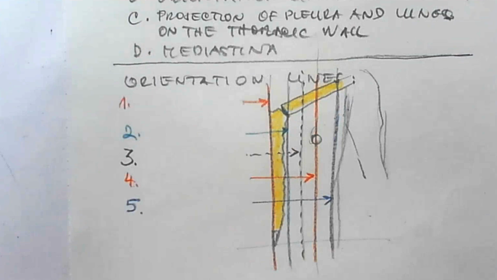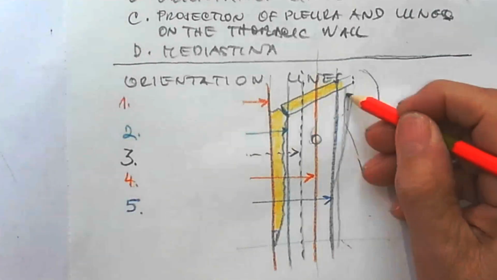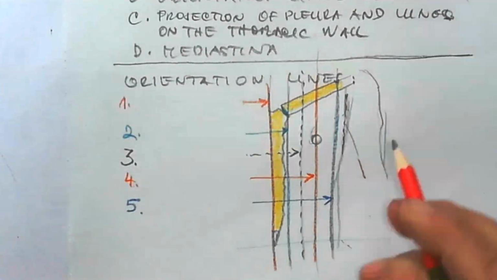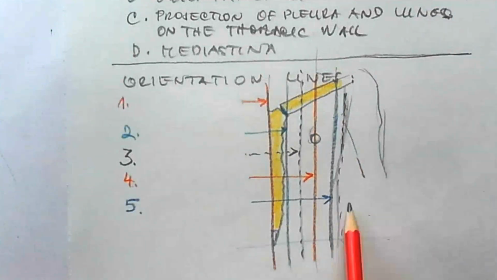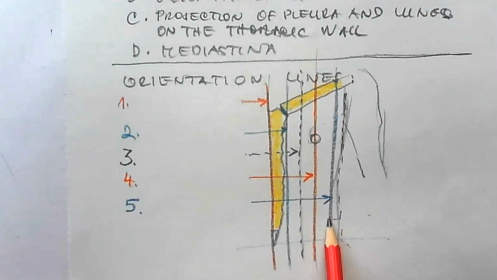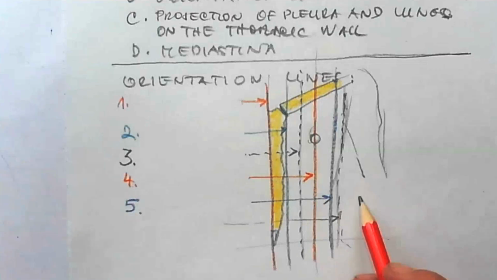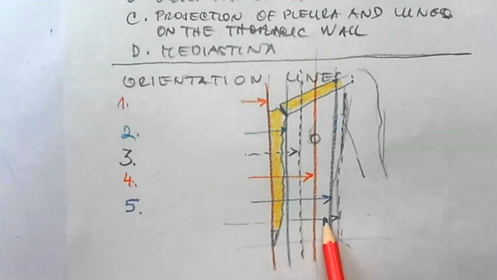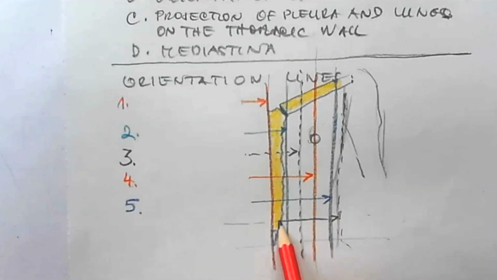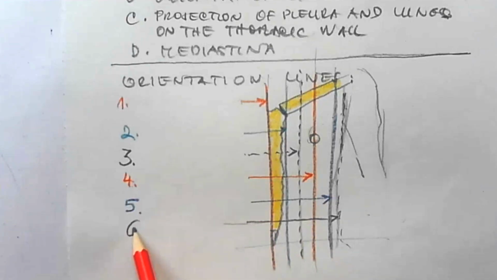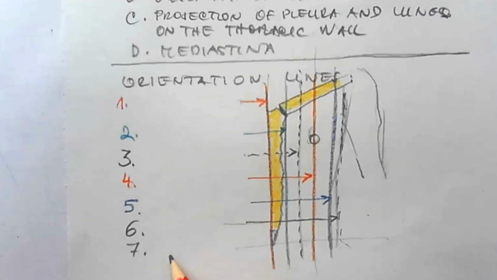And number 6, harder to see because it lies at the center of the arm. No, practically in the tip of the axilla. So could be black. Number 6. Number 7 could be also black because this is the posterior.